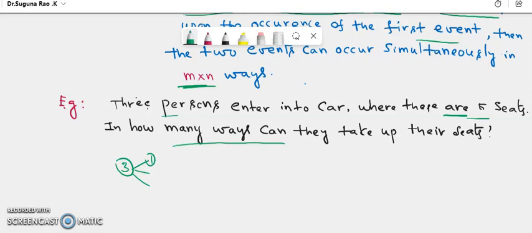The first person has to choose among 5 seats, and he can sit in any one of these 5 seats. So, for the first person, there are 5 ways of occupying the first seat.